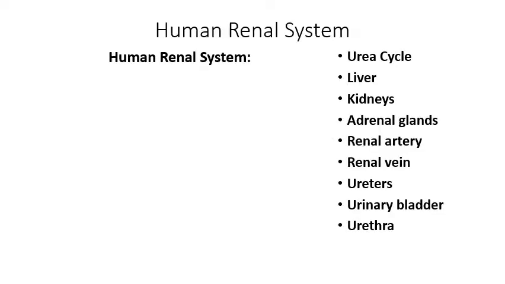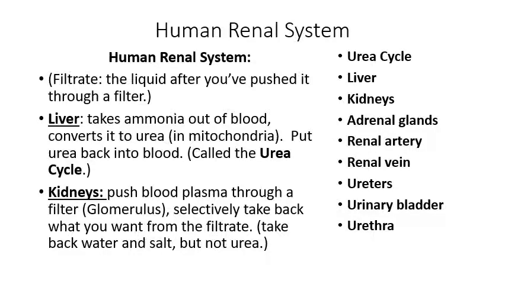All right, let's look at the gross anatomy of the human renal system. Okay, so as we said, the liver takes ammonia out of the blood and converts it into urea. Happens in the mitochondria of the hepatocytes through the urea cycle.